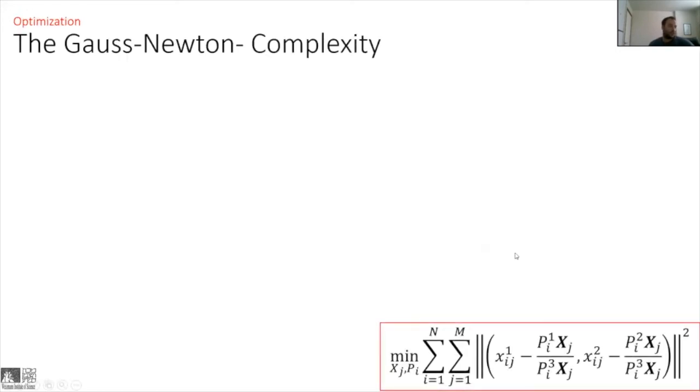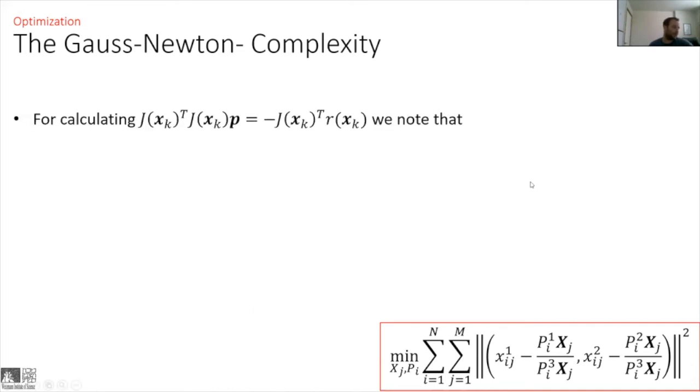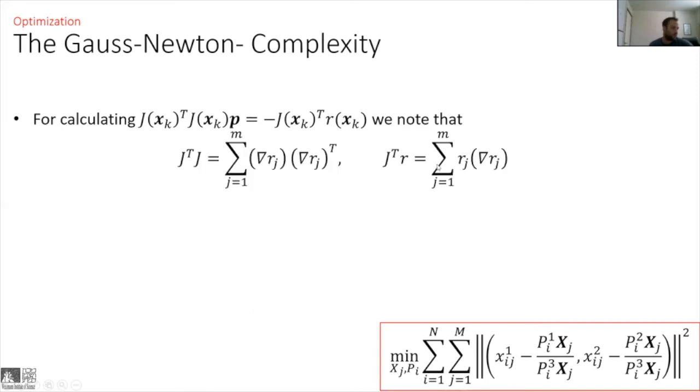So I described the method, the direction that we got. Now let's see exactly what we earn from the trick that we saw. I remind you how we can calculate J transpose J and J transpose R. J transpose J is just a sum of the outer products of the gradient of each residual, and J transpose R is the residual times its gradient, summed over all of these.